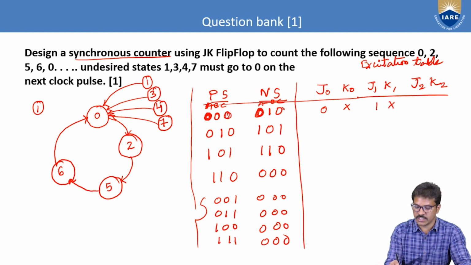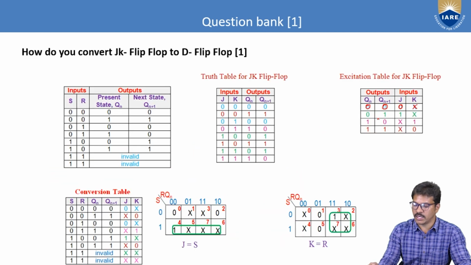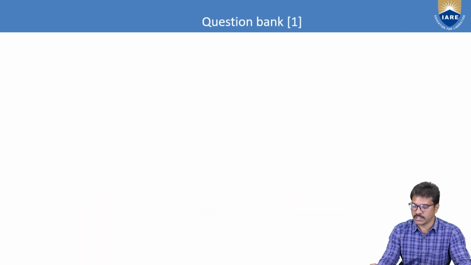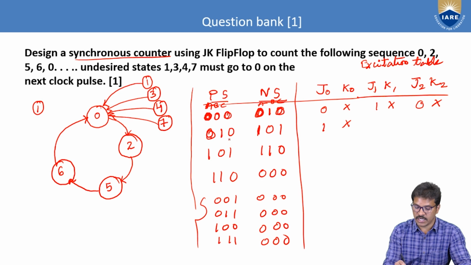Present state is 0, next state 0, like 0 and 0x. And present state 0, next state 1, like 1x in that table, 0 1 1x. And present state is 1, next state 0, x1. Present state 0, next state 1, 1x.